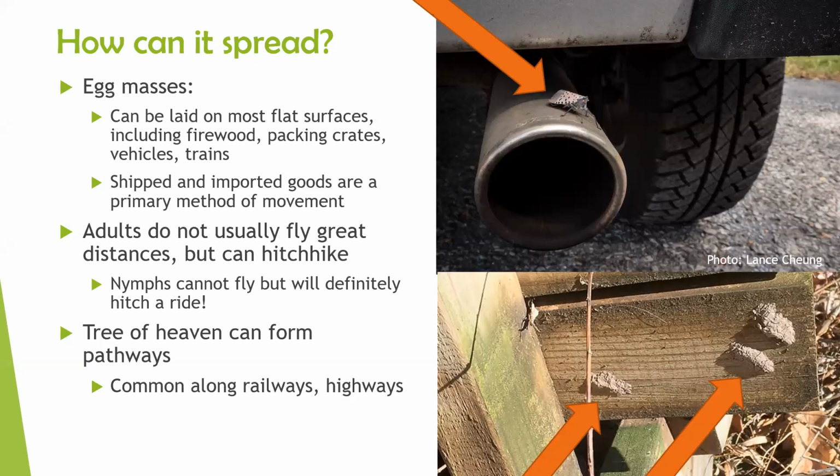So if they're getting from one state to another, it's because they're being accidentally brought there, either in a vehicle or in some kind of goods or services that's being shipped from one state to another. Same with the nymphs, although the nymphs can't fly at all. And of course, if the egg masses are laid on something like firewood or packing crates or actually on vehicles or trains or other methods of transportation, then that is a really effective way of spreading this pest.